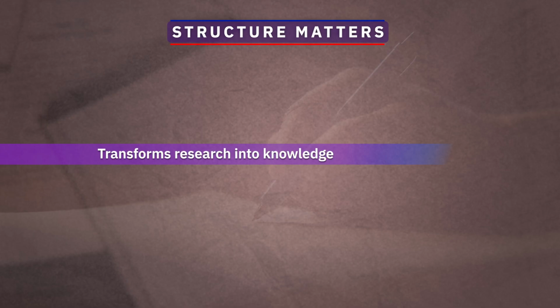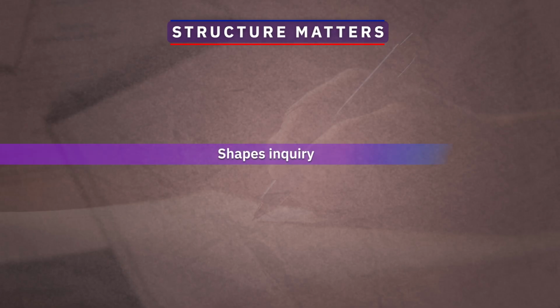How is knowledge produced? Knowledge is produced through argumentation, and argumentation depends upon the structure of the paper. What it also effectively achieves is that it shapes the research inquiry that is engaged upon. So therefore, the structure of a research paper is very important.